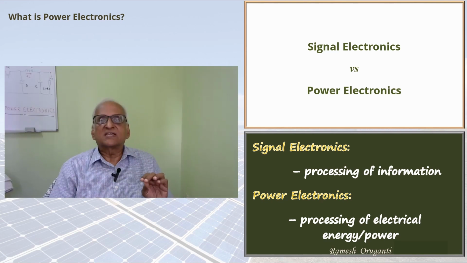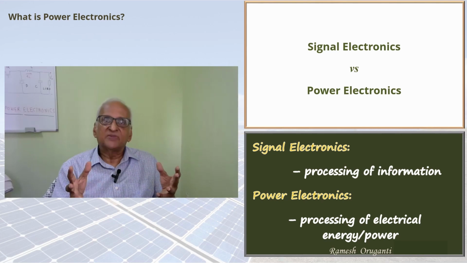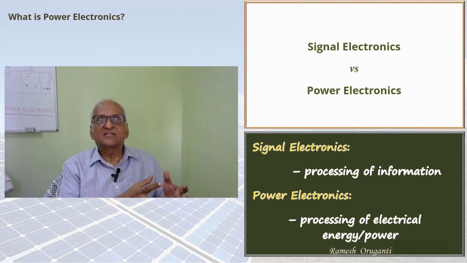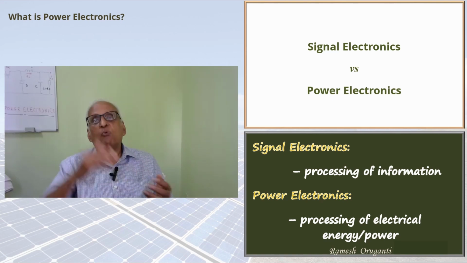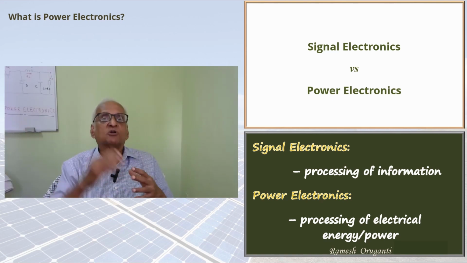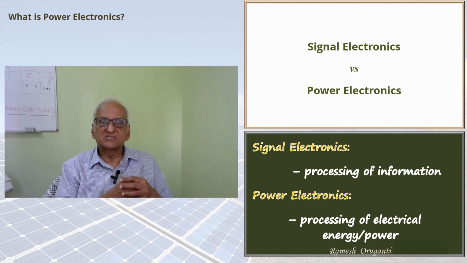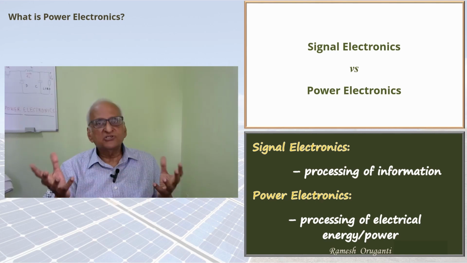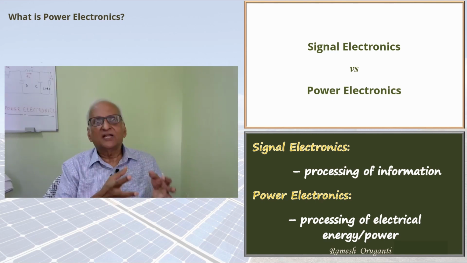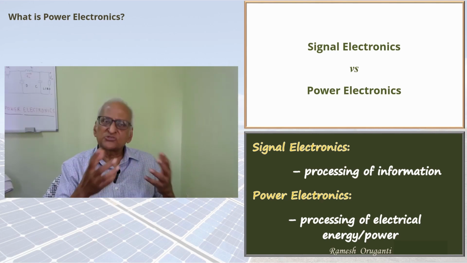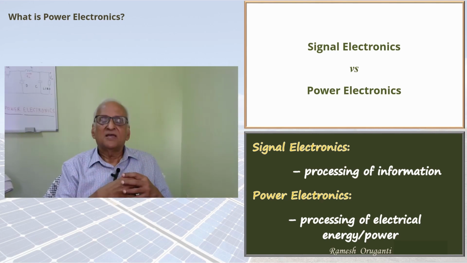While processing power, a power electronic system may be using signal electronics in order to determine what the output voltage has to be, or what the output power has to be, and for so many other purposes. So a power electronic system will also contain some microelectronic circuits most of the time.